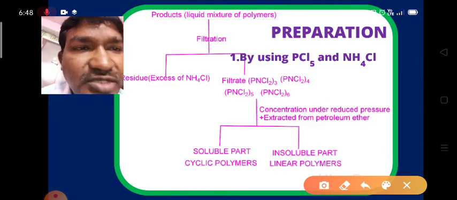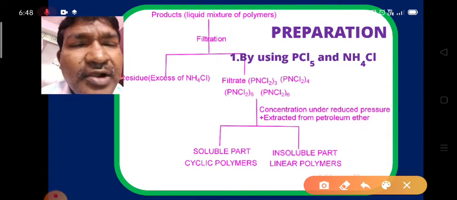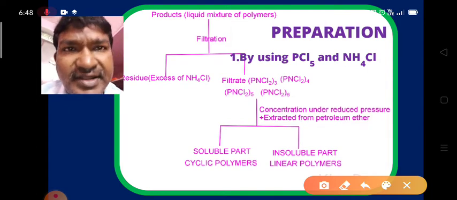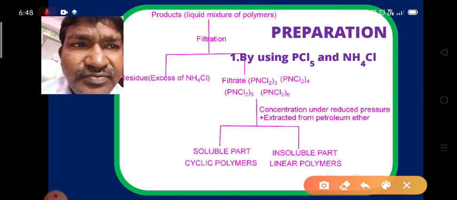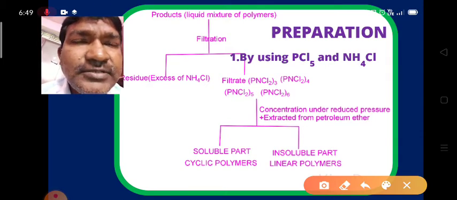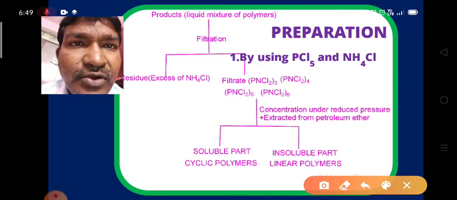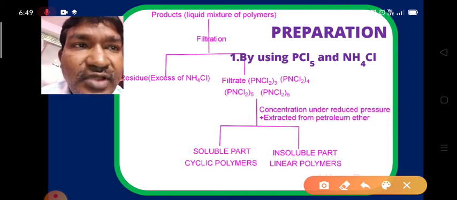The soluble part, that means the dissolved part, mainly contains the cyclic polymers.